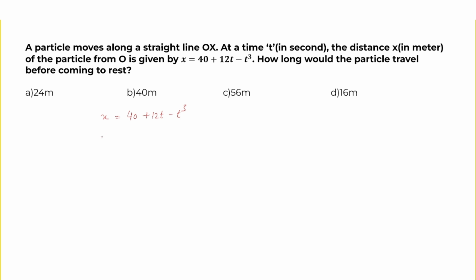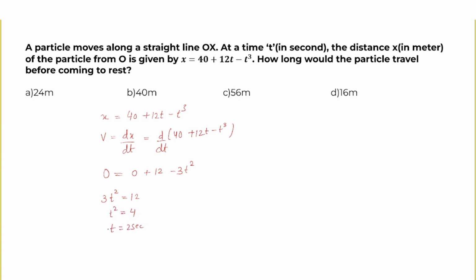So velocity v equals dx by dt, which is d by dt of 40 plus 12t minus t cube. When you differentiate, 40 will be 0, 12t will be 12, and that will be minus 3t square. Putting it equal to 0, taking 3t square on the left hand side, it will be 12, t square will be equal to 4, so t will be equal to 2 seconds.